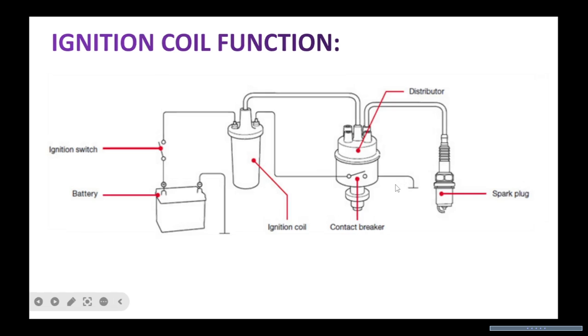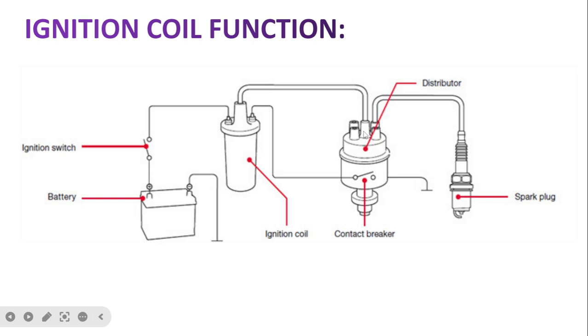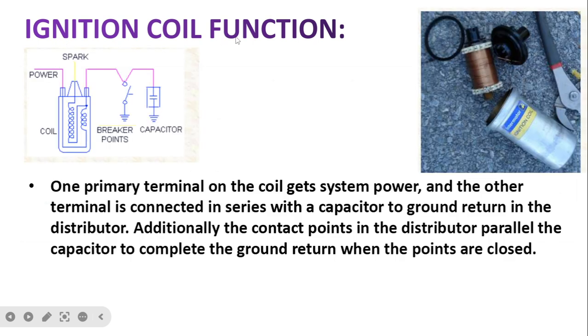Now in the next slide, here is the ignition coil function. Here is the schematic, as I show you. Power is supplied from this side, there is the coil, and the coil output goes to this side, and the capacitor is attached here. These are pictures of the inside of the ignition coil. Here is the inside rotor, and this is the coil.